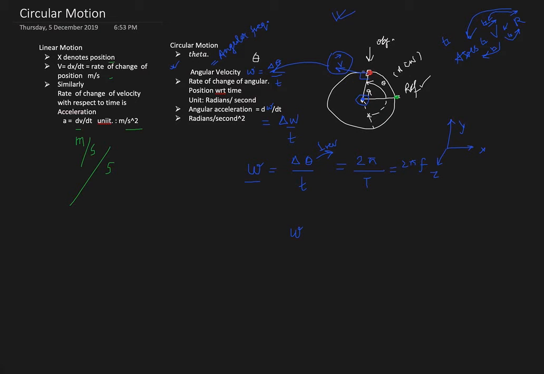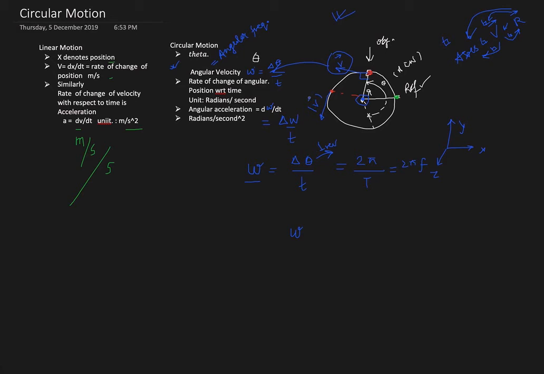Wherever the object is, irrespective of its angular position, the object will always have the same tangential velocity v. Can you state a reason for it? Because the rate of rotation is the same, it cannot have more speed at any instant. The magnitude of velocity will always remain the same.